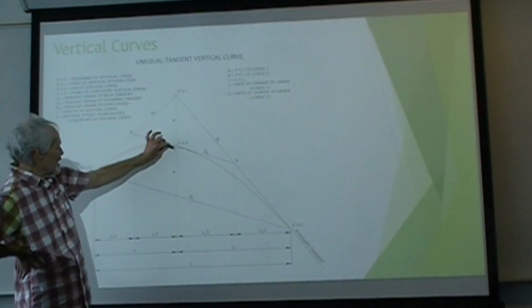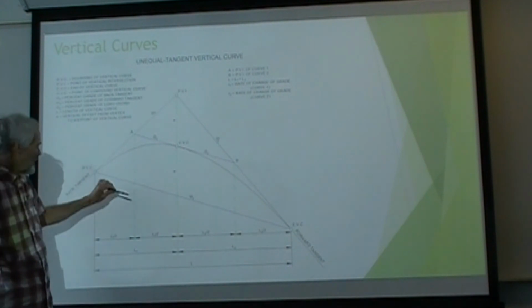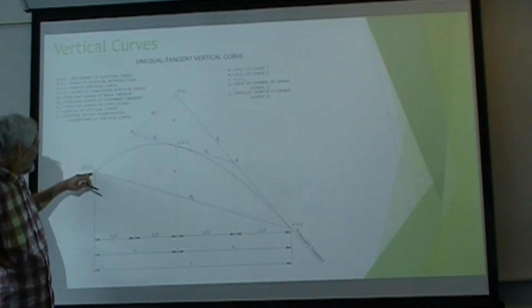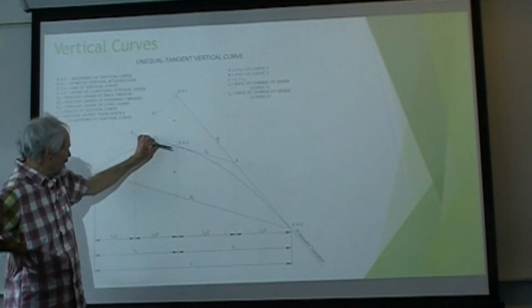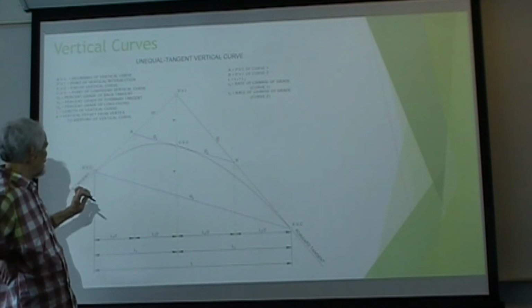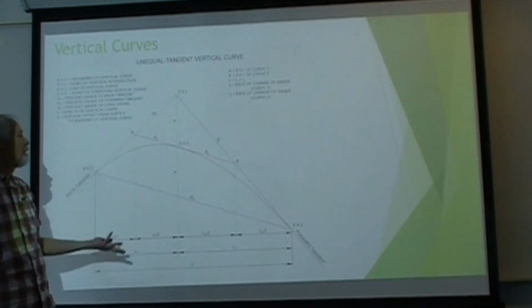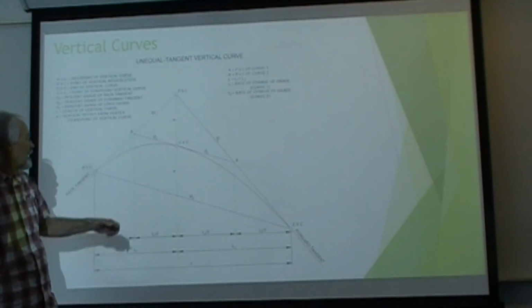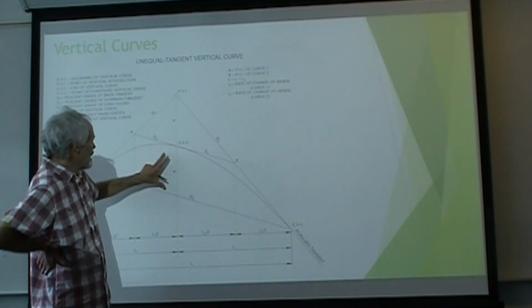And we can calculate this grade in different ways. The easiest way is to just recognize that the BVC to the EVC, that chord, this slope is the same as that slope. So therefore, I can simply calculate this grade by the difference in elevations between these two divided by L, and I have that. And the other common parameter that you can calculate is the value of E, and then solve it.